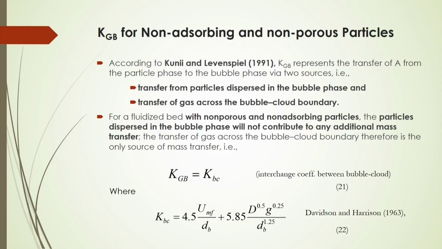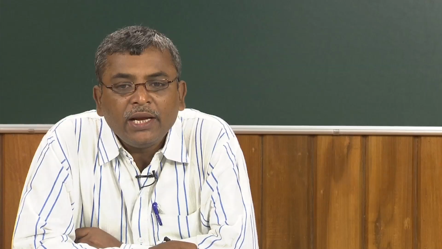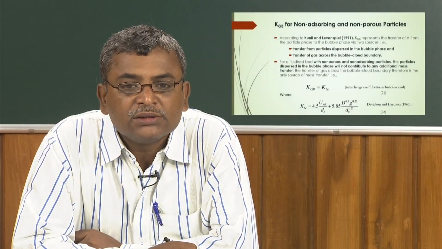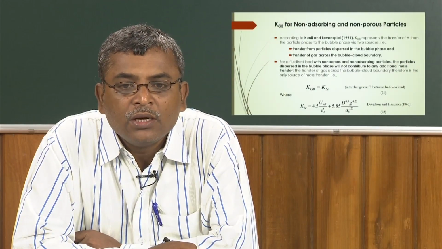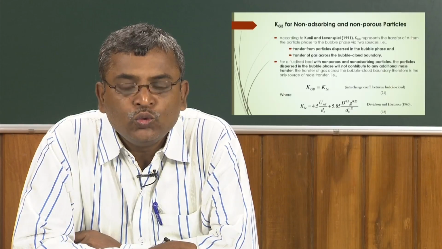Now, suppose there is a condition that there will be no adsorption of gas inside the bed and non-porous particles. According to Kunii and Levenspiel, Kgb represents the transfer of A from the particle phase to the bubble phase via two sources.